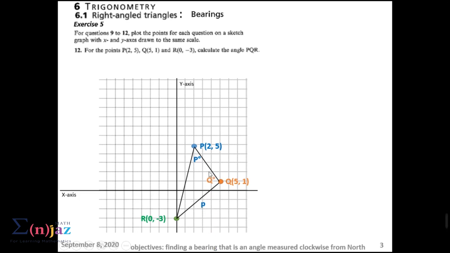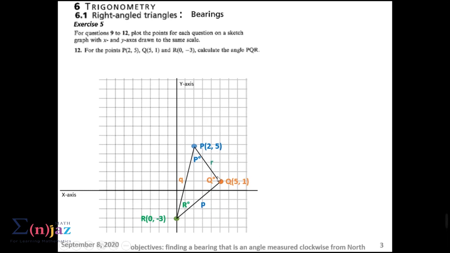If this is angle Q, then the opposite side to angle Q is this side, PR. If this is angle capital R, then the opposite side to angle R is PQ. So this is small r.